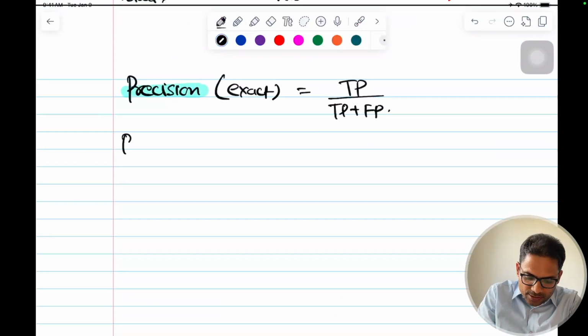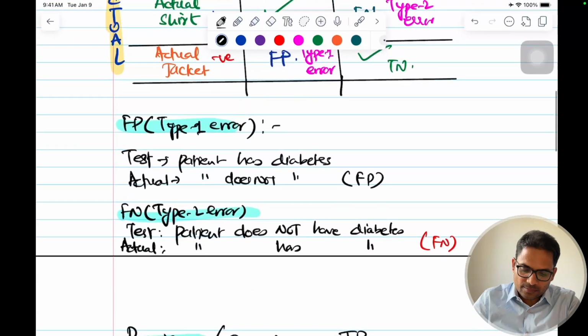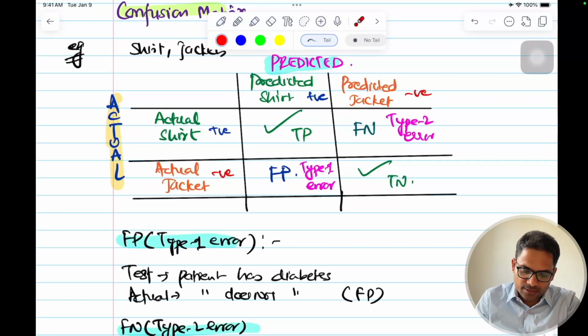Similarly, there is another metric called recall. What do we mean by recall? Of all the actual shirts, how many were you able to identify correctly as shirts? Of all the positive instances, how many was the model actually able to identify as the positive label?